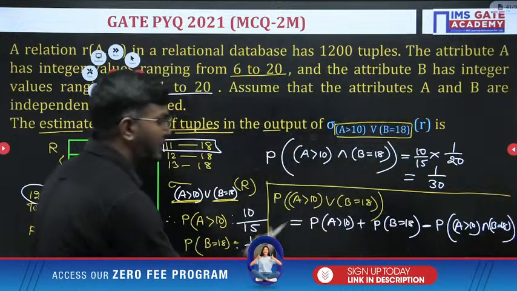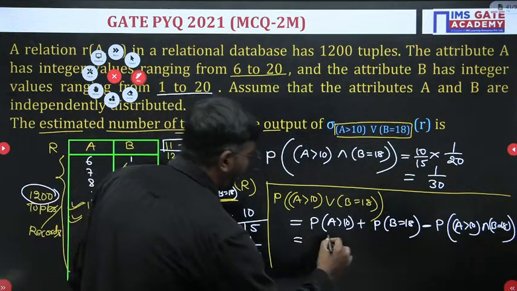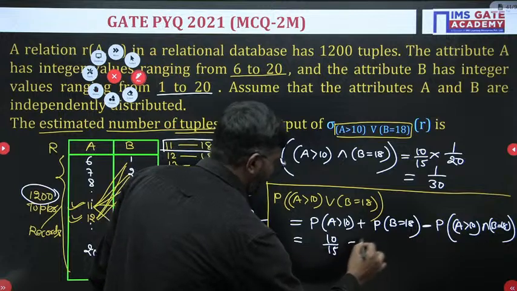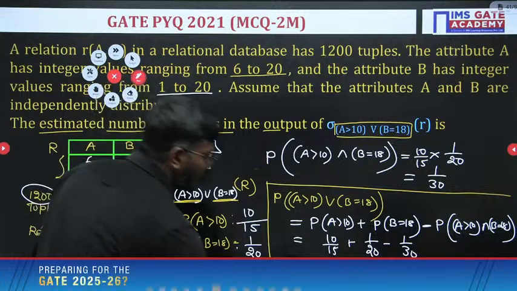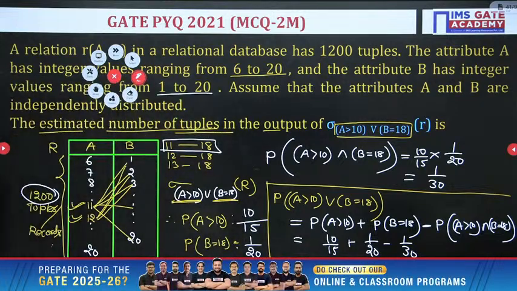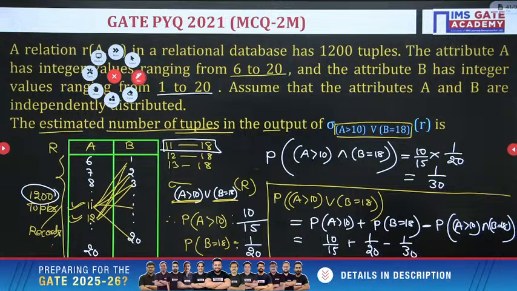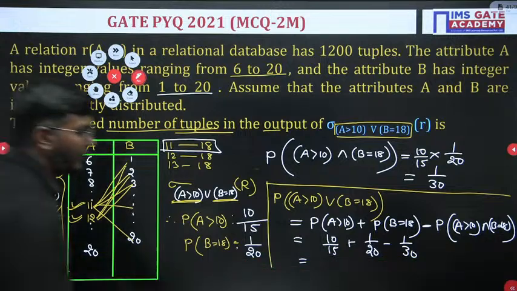Getting my point? Just put the values here. This is nothing but 10 upon 15 plus 1 by 20 minus 1 by 30. So this value will be 41 by 60.